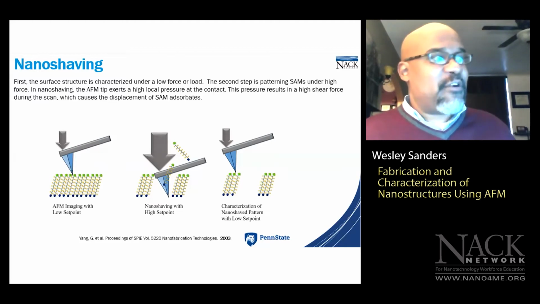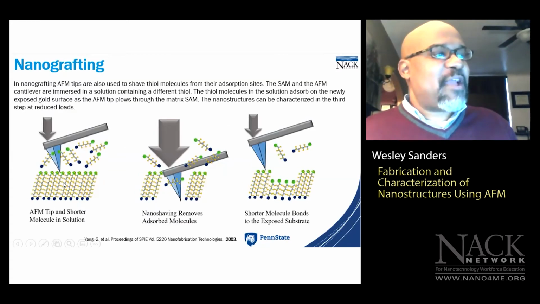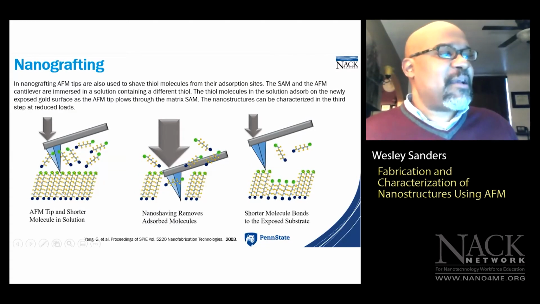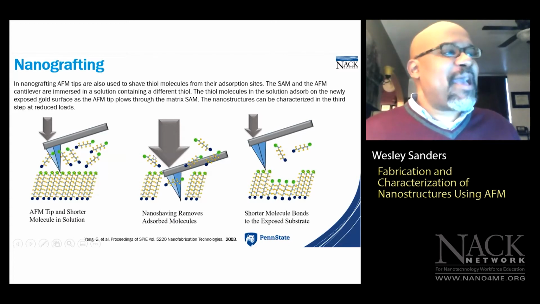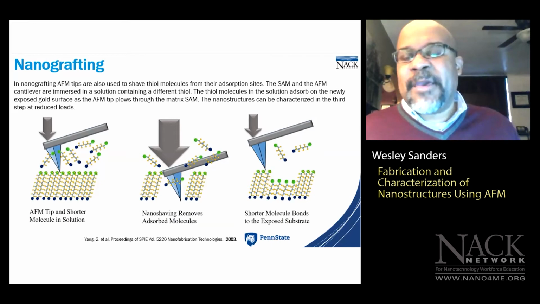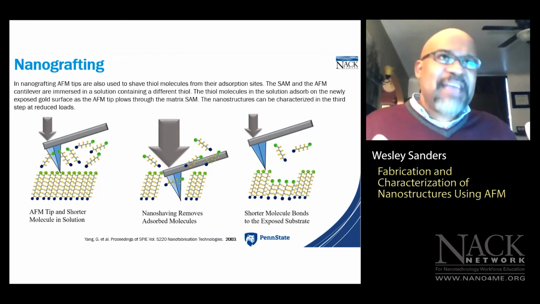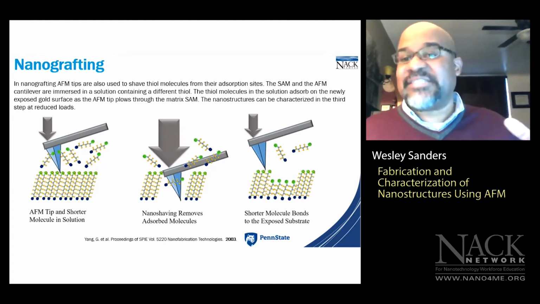So another version of nanoshaving is nanografting. Nanografting involves shaving away a particular region in your molecular film, and then you backfill the shaved region with a different alkane thiol molecule. Now, why would you want to do that? Let's say you want to create a multi-array sensor.